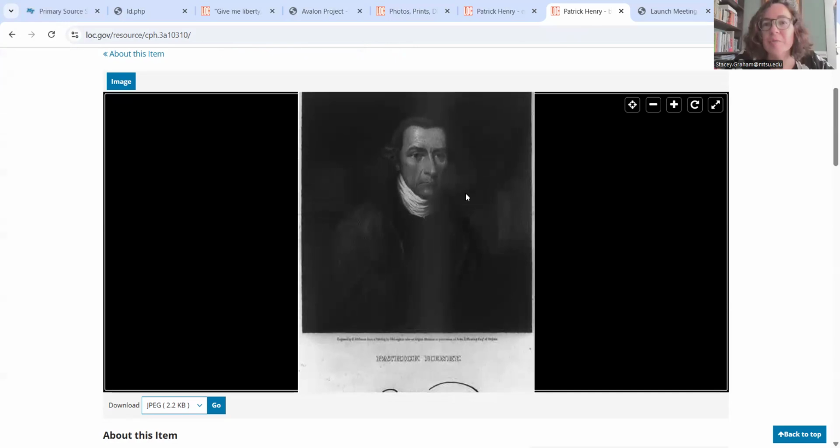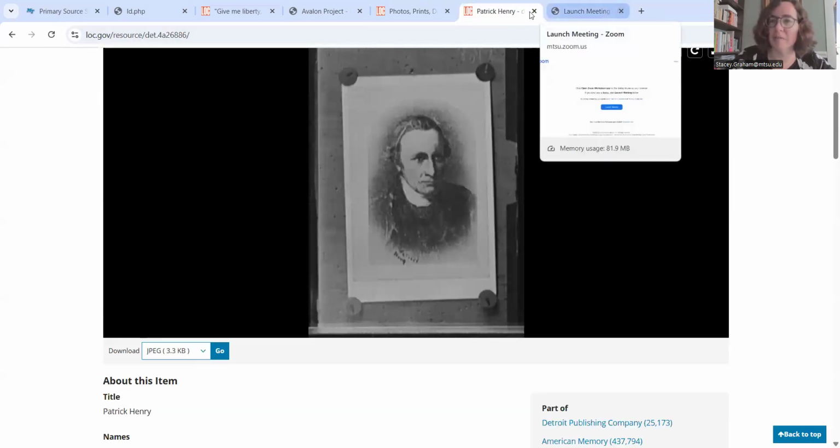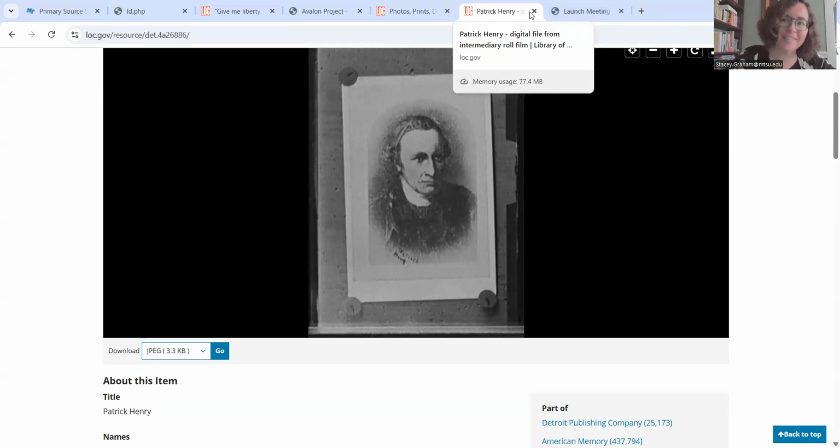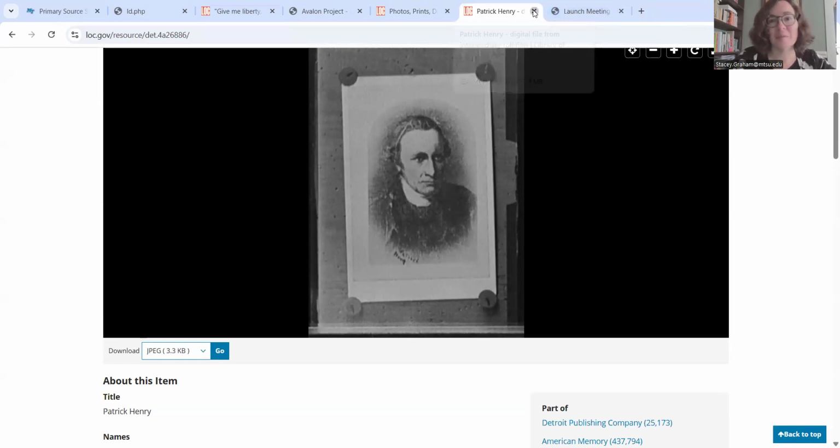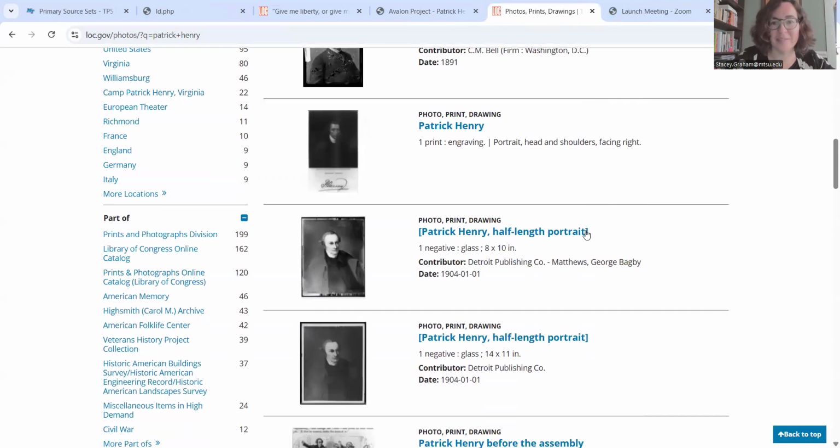And again, we're not sure when that originally would have been made, possibly in the 18th century, but possibly later, because he was more famous after these events, then images would have been made of his likeness. And so you may just have to let go of the idea of having pictures of people during the time period in which they were becoming famous.